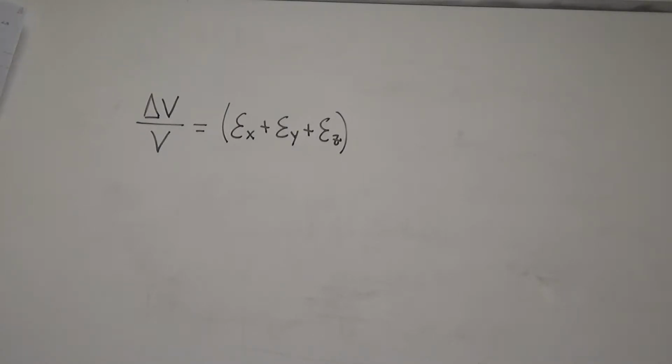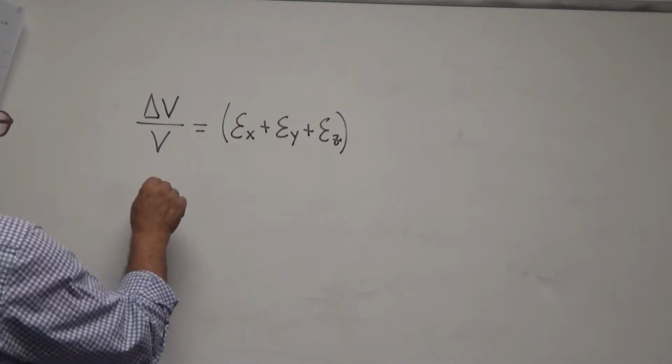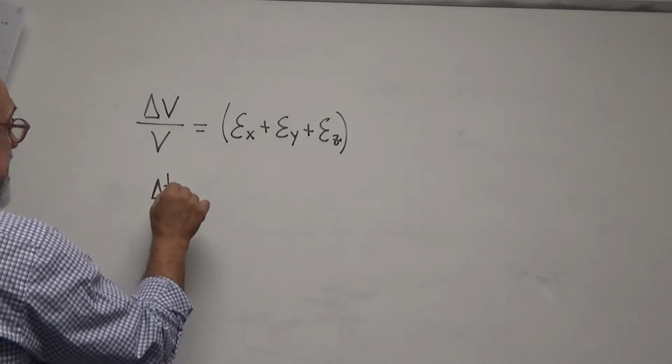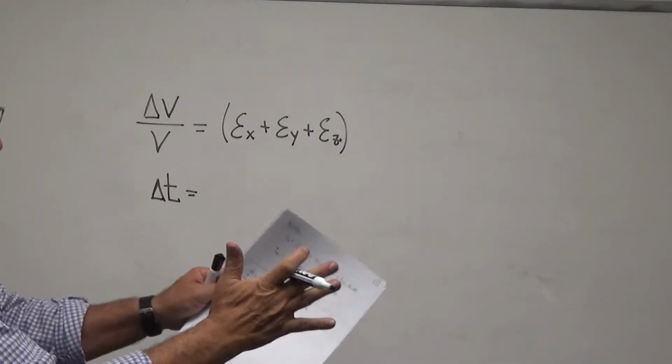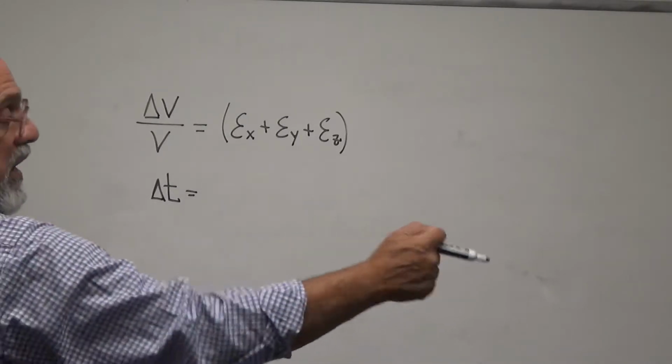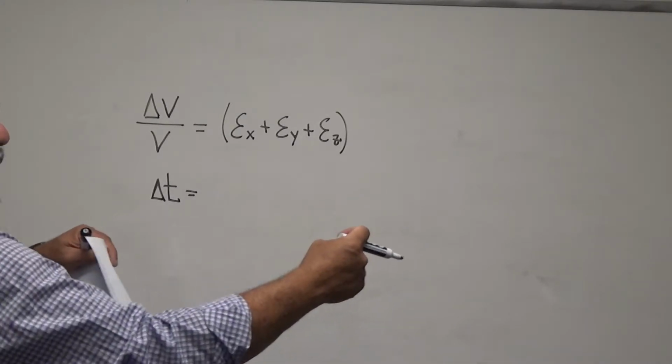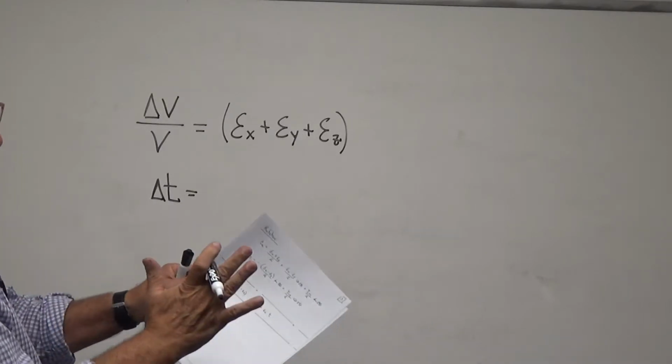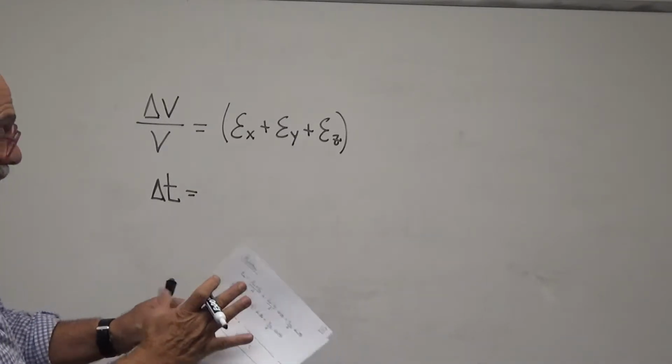That's one expression to know in order to answer what is the change in volume over the original volume for a particular problem. The other one is the change in thickness in a material. Imagine again if you have a flat plate and you pull it, it's going to get thinner, right? So when you have plane stress, you have strain in the z direction.